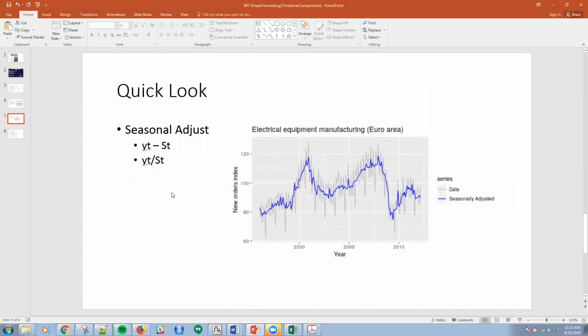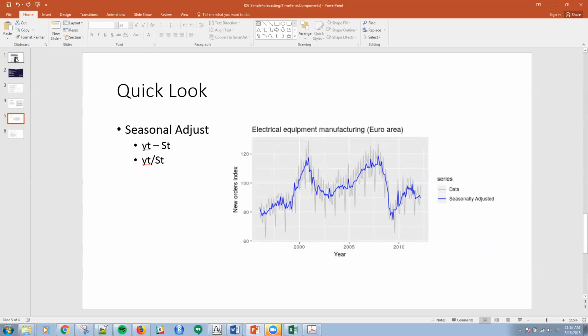So that's a way of looking at an additive time series. And then the other thing that we'll want to do is adjust seasonally. Again, we'll be doing this hands-on in R, but since we are talking about additive and multiplicative models, for the additive model, we deseasonalize or seasonally adjust the data by taking the original series minus the seasonal component if it's additive, or we take the original series and divide by the seasonal component if it's multiplicative.